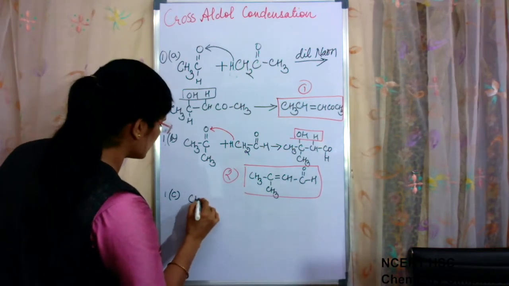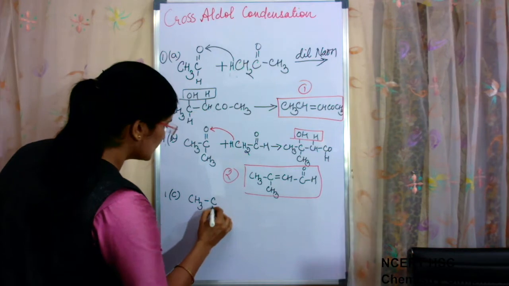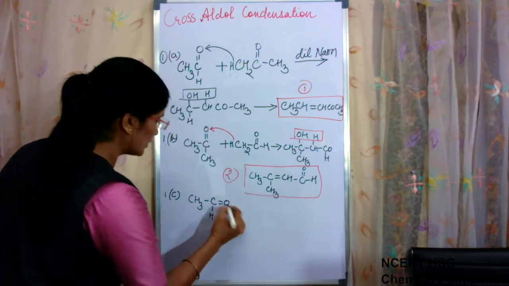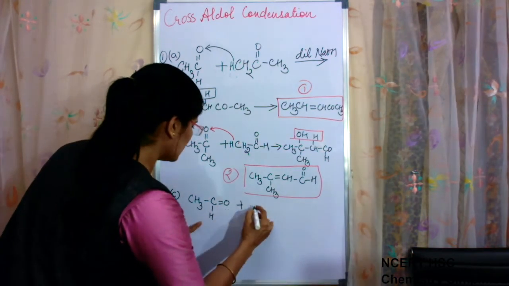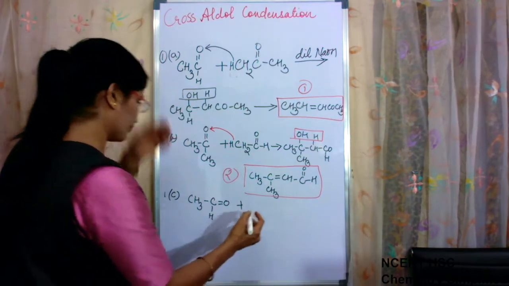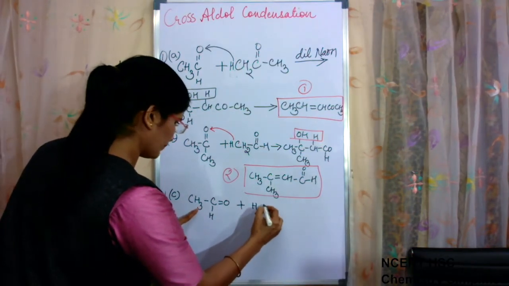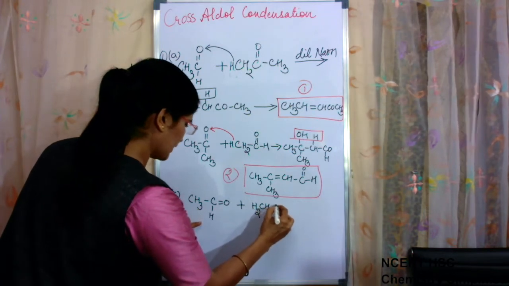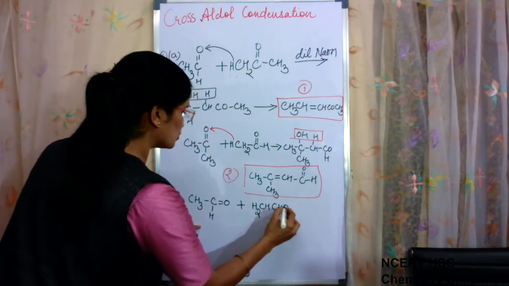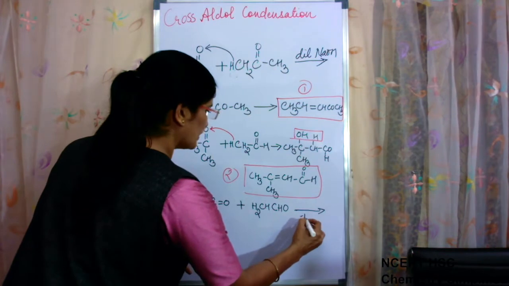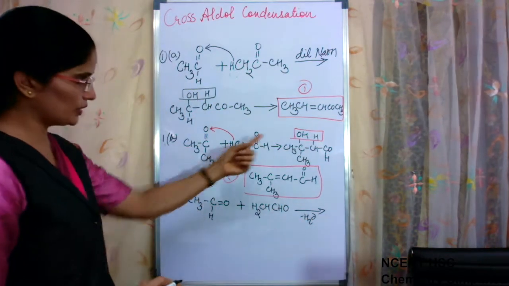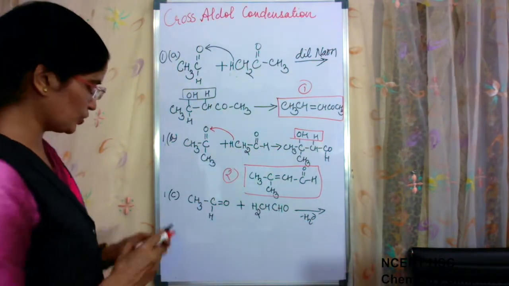When one CH3CHO combines with another CH3CHO, that means minus H2O. We are directly doing the last step, elimination of water.